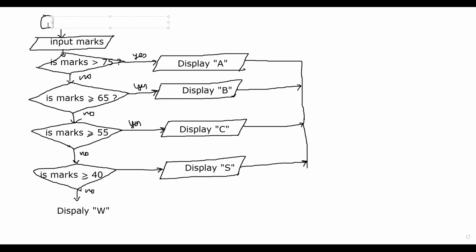Otherwise you might get confused. So for start you can say capital S, input you can have capital I, marks you can have capital M and so on. Capital or simple doesn't matter. So this is W, again output. And finally we will have end.